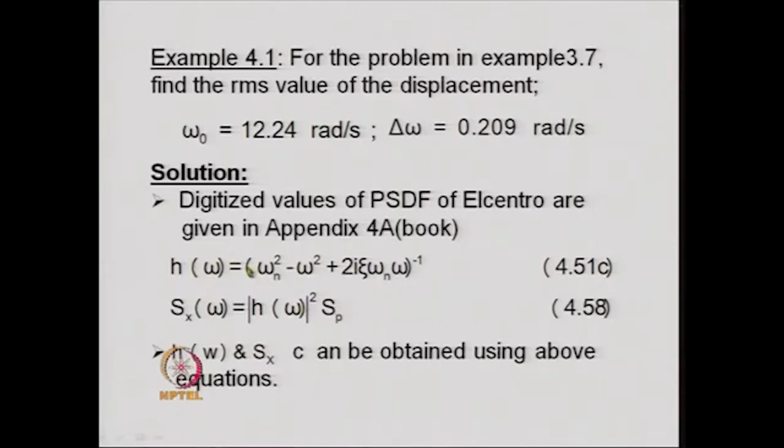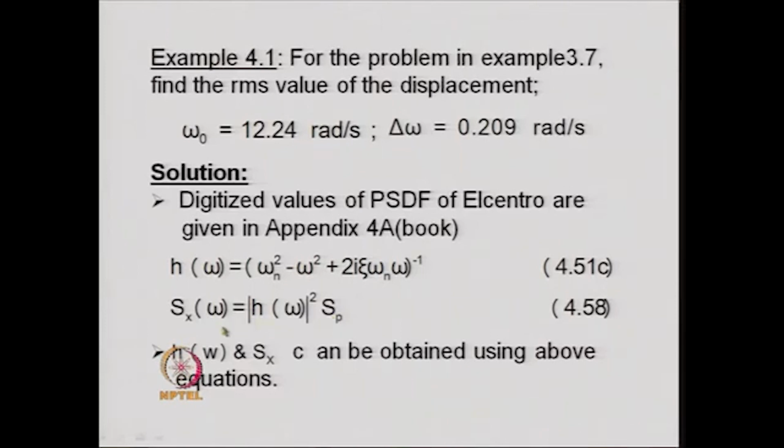Here you can see that k and m are replaced by omega n square, and simply omega square over here, because all through the equation is divided by m. So, substituting the values of different omegas, we can find the absolute value square of h omega, and we can also find the values of S x double dot g, the power spectral density function of the ground motion given in the appendix.